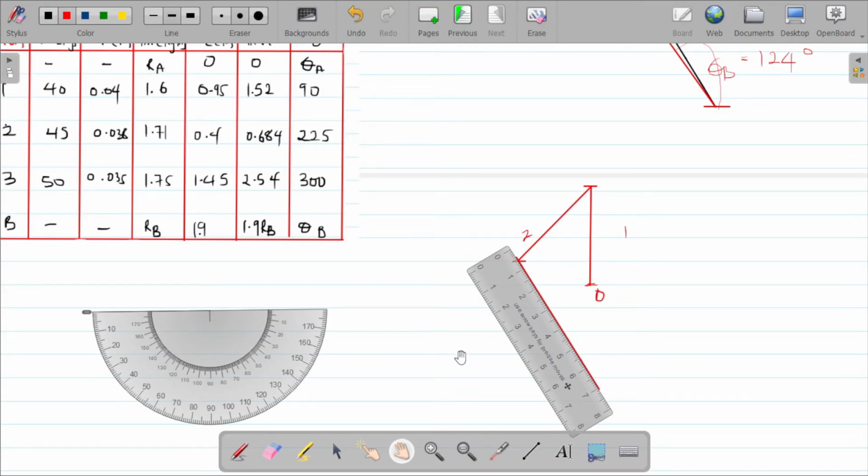That is 4.6. So we have 4. Okay, so that's 4.6.